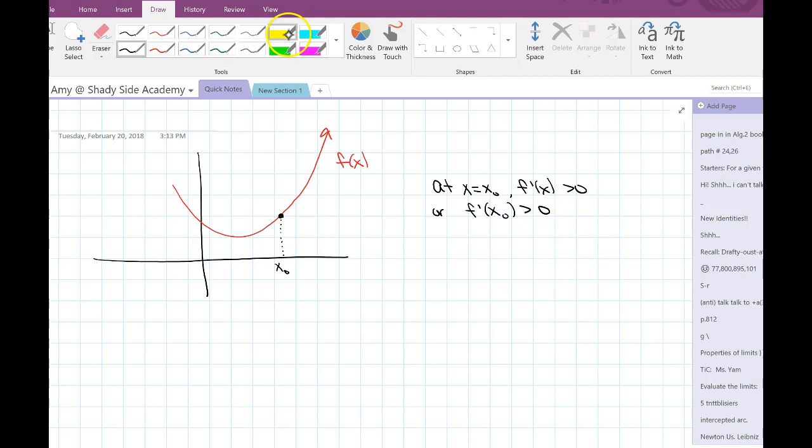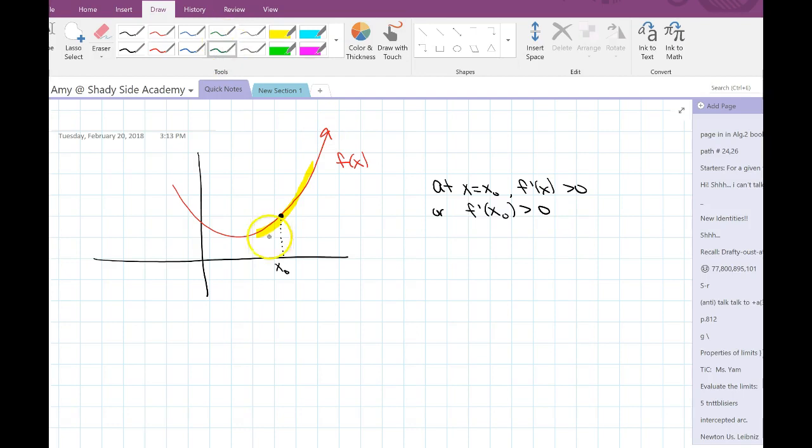I also want to bring your attention to the fact that if we look at x values that fall on this part of the parabola, and yes, I could extend back here, I'm going to go there in a minute, all right? If I look at any x values in this part of the parabola, remember we talked about how a function can be increasing, and a function can be increasingly increasing or decreasingly increasing.